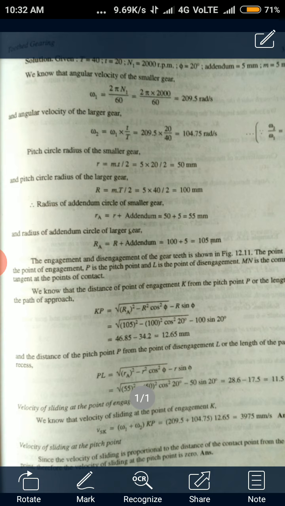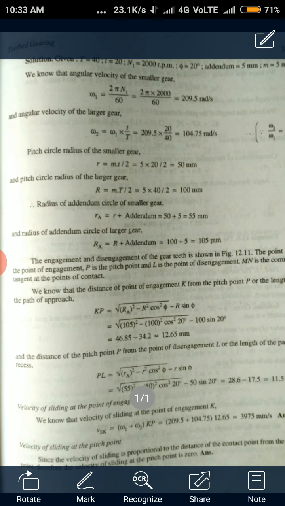So you can determine the angular velocity of the gear. Substituting that, you got 104.75 radians per second.